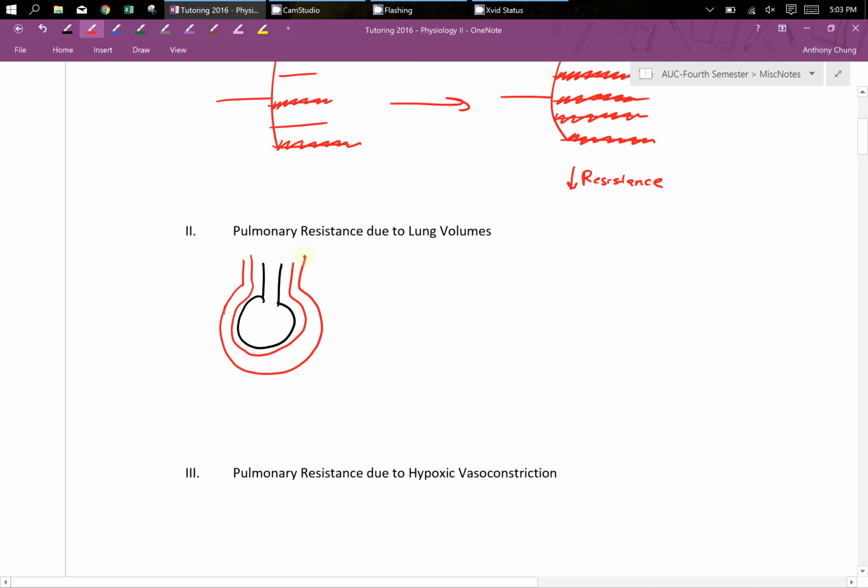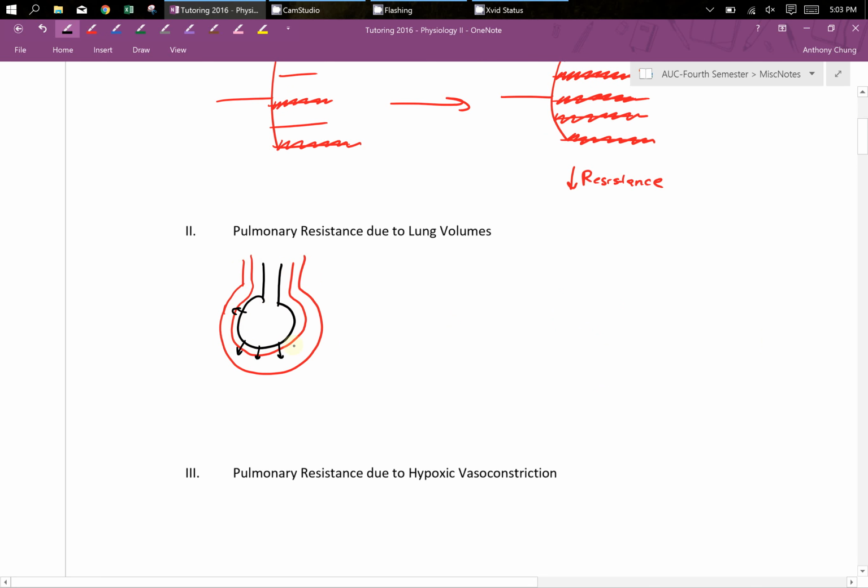And let's imagine when you increase your lung volume, you expand your lung. So you took a really big breath, and then your alveoli starts to expand.